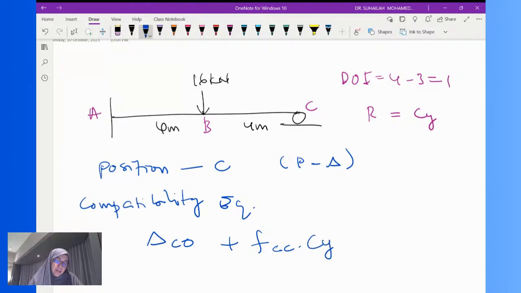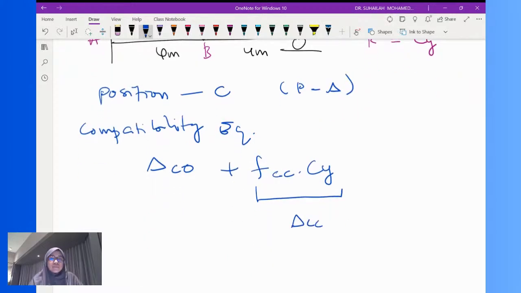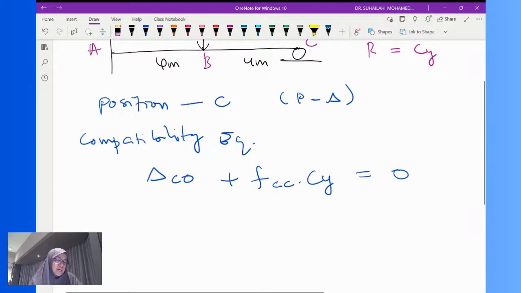This is actually delta CC, and this compatibility equation is equal to 0 because in actual condition when there is no support settlement, the value is equal to 0. Inside this we have one displacement, two displacement, which means that we have two systems.